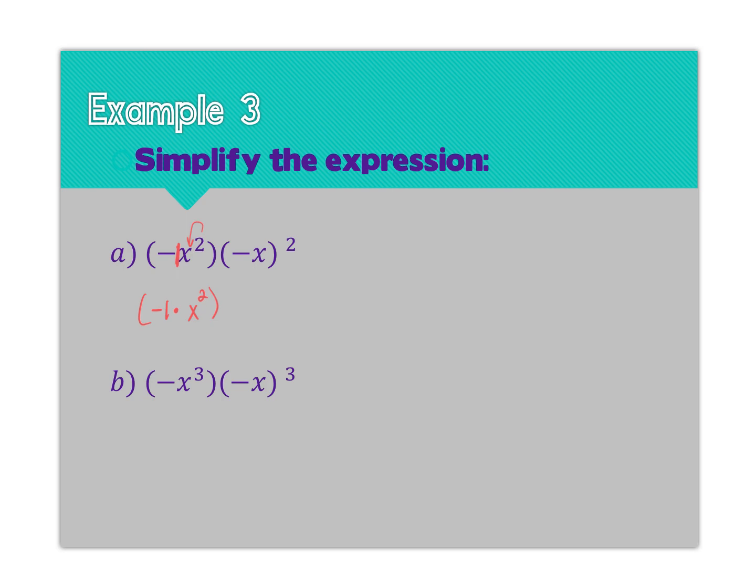Now the second one, that's the entire negative 1x to the second power. So that's basically saying, hey, we're taking negative 1x and multiplying it by itself 2 times. So notice that the negative 1 is also being raised to the second power, as is the x.